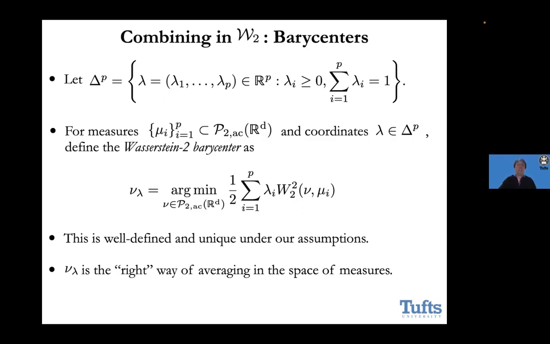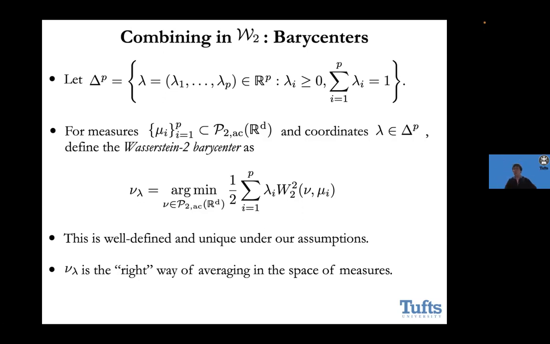So I take a set of coordinates lambda, which is just a vector in R^p. I'm imagining I have p different measures I'm trying to combine, and these lambdas are the weights I'm going to use to combine them. And I solve this variational problem, the minimum over all absolutely continuous measures of the weighted distances between nu and my observations mu i.